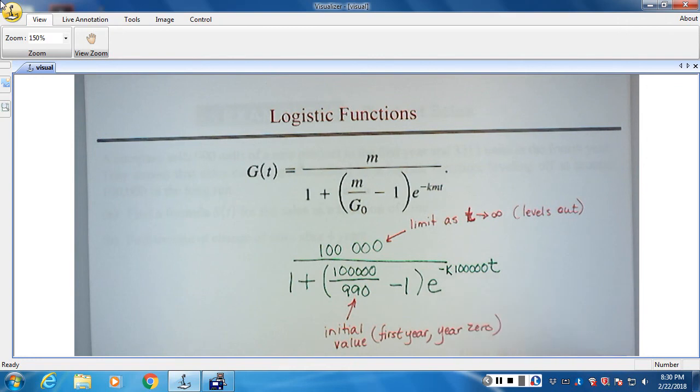That's their first year's sales. That's the sales in year 0. That's where they start. The whole growth function is a function in time. So time is your variable.